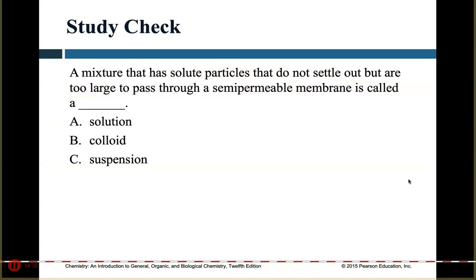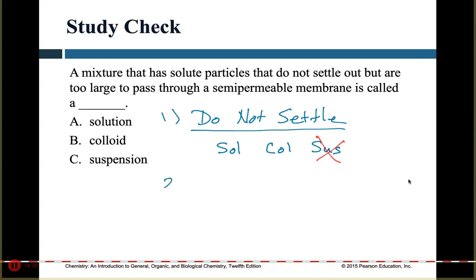So let's break down what we're talking about. It's saying that they do not settle. So if I have my choice of solution, colloid, or suspension, I can immediately see that that's going to rule out suspension because it did not settle, and suspensions do settle. So now I have to ask the question, is it a colloid or a solution?